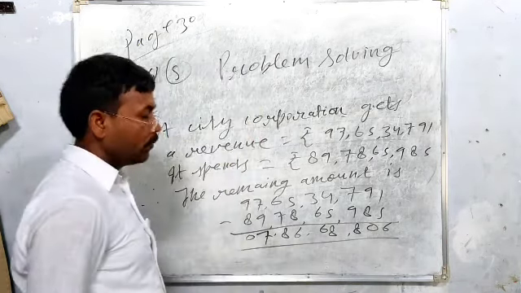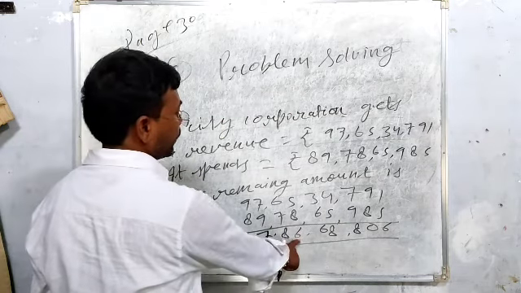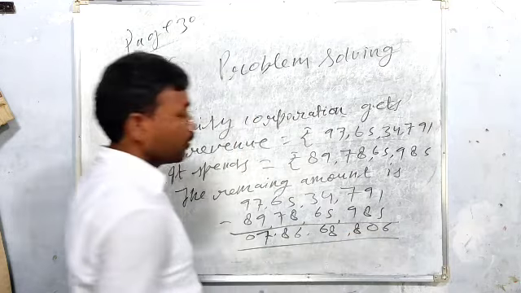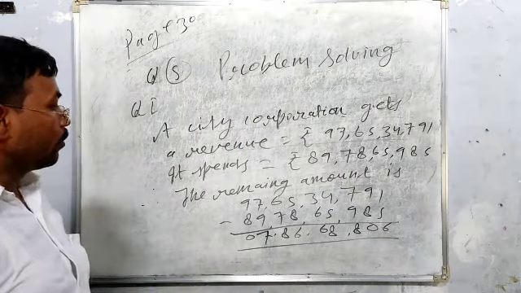So the answer will be 7 crore 86 lakh 68,806 rupees. This will be the remaining amount.